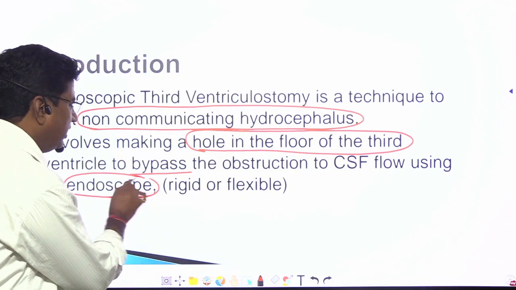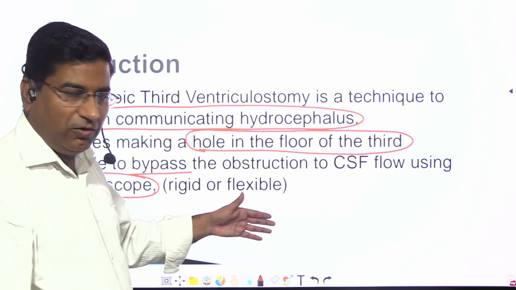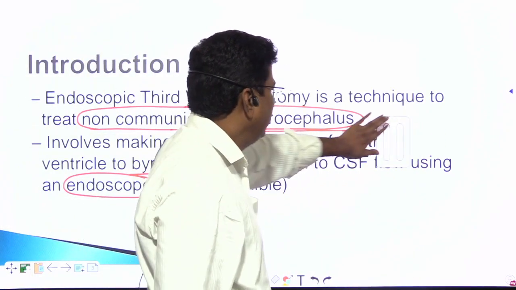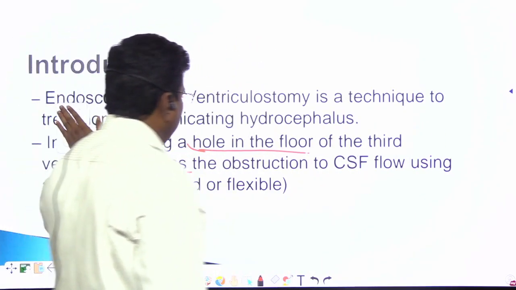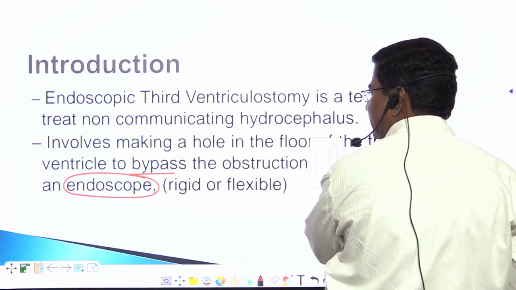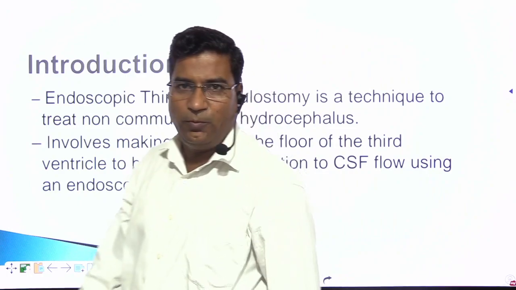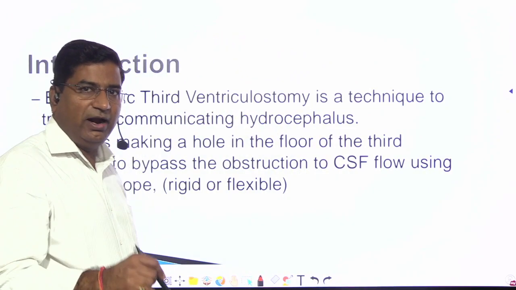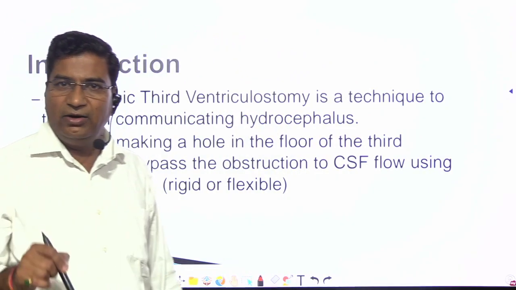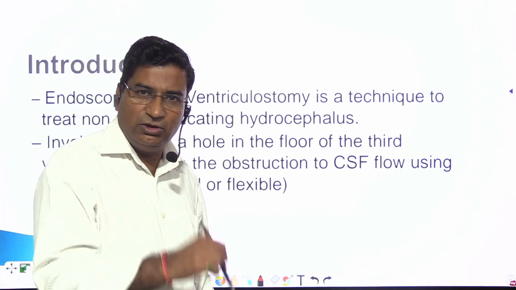The endoscope may be rigid or flexible. So this technique bypasses the CSF obstruction by creating an artificial opening at the floor of the third ventricle, known as endoscopic third ventriculostomy.